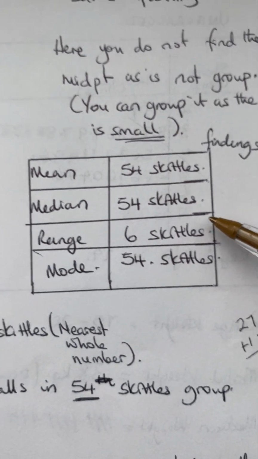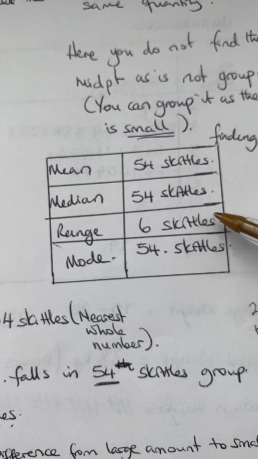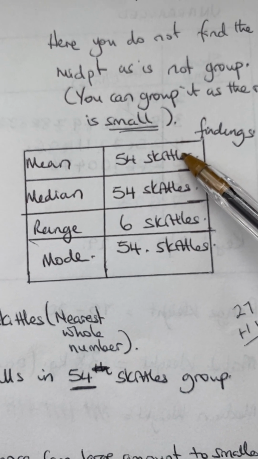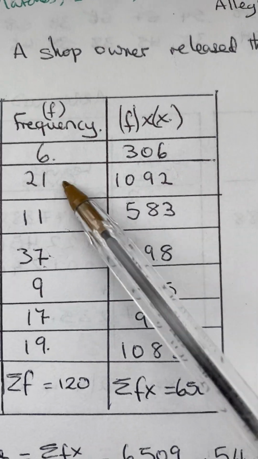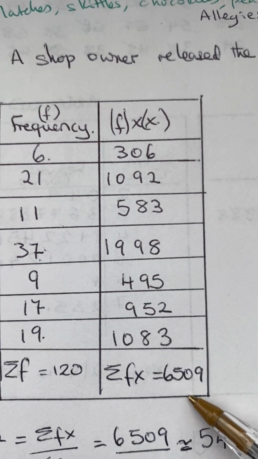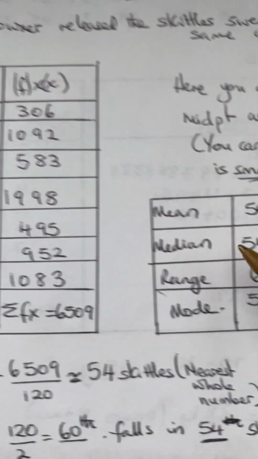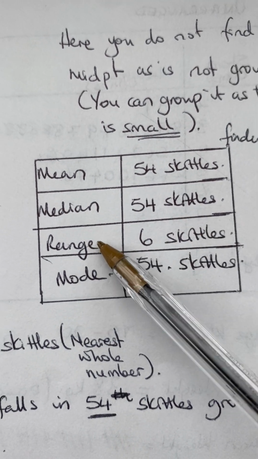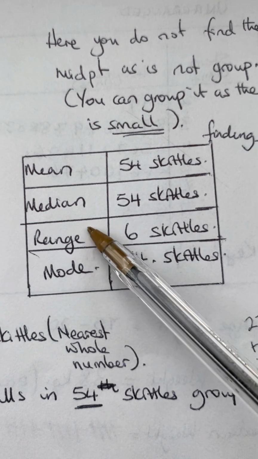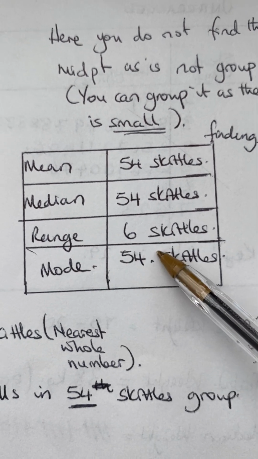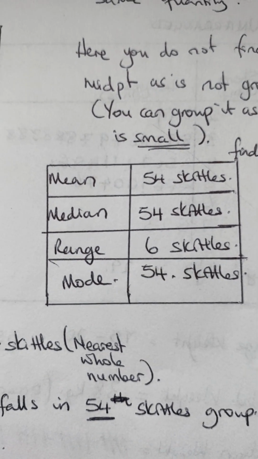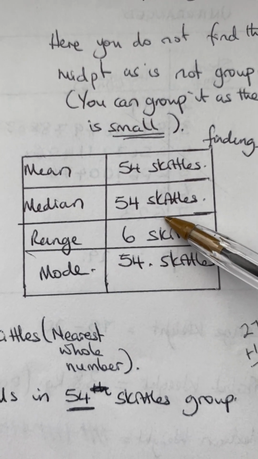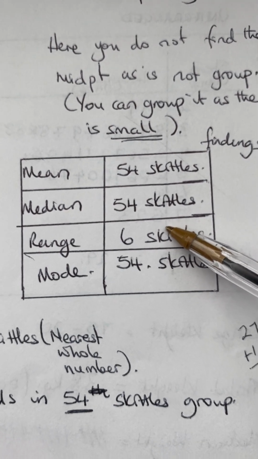You don't have to do it, but just to summarize everything we've done. Now, the trick about some of these average questions: here it is straightforward to find the mean. You just multiply, get your total, and divide. It's also easier to find the median. The range and the mode, you can easily see them on the table. So if I were in an exam, I will find the mode and the range first if I've been asked to.